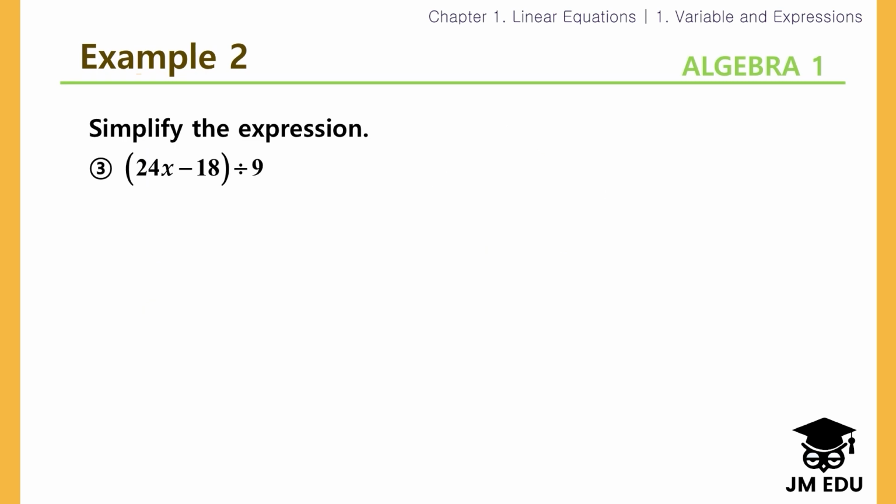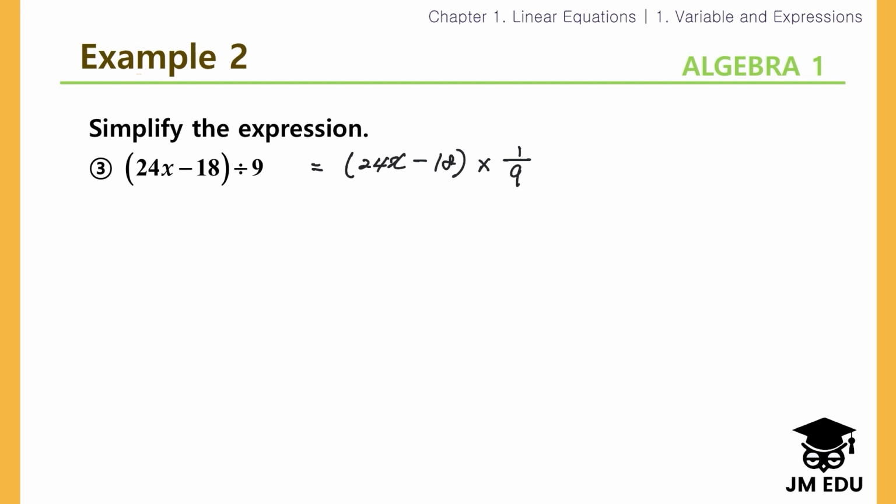Number 3, we have a binomial divided by a monomial, or constant 9, right? So if we have division, the first thing we have to do is convert this division to multiplication. So that is equal to 24x minus 18 times, 9 becomes 1 over 9, right?